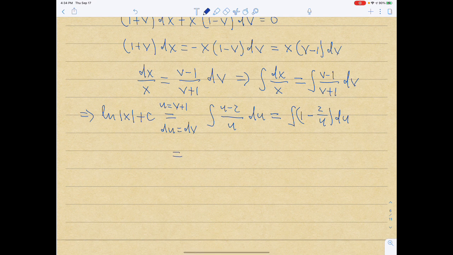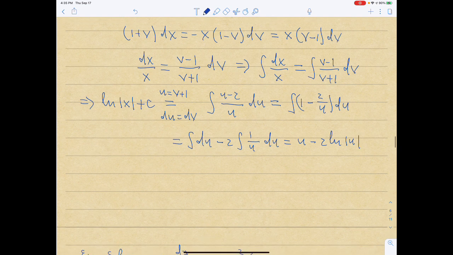which is the integral of 1 times du minus 2 times the integral of 1 over u du, and the first integral is u, and the second integral is ln of absolute value of u.